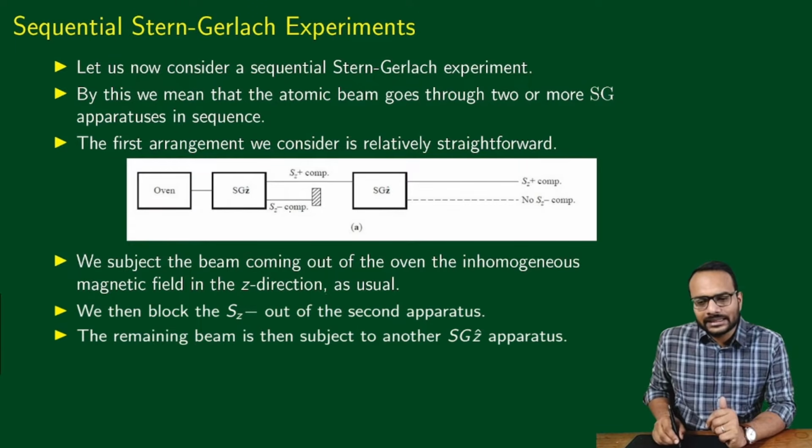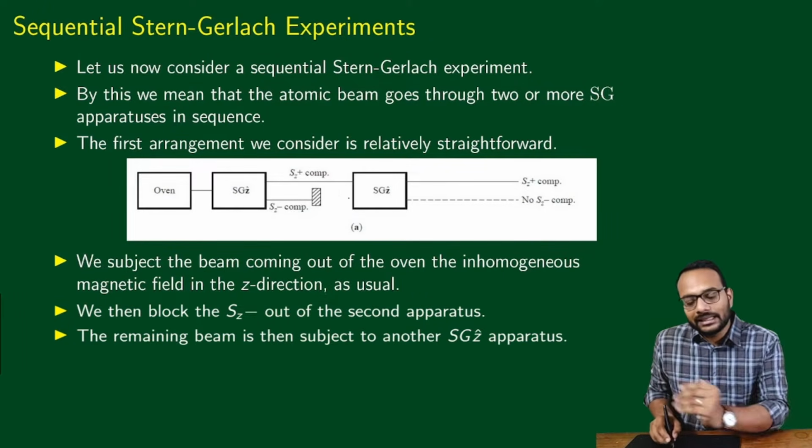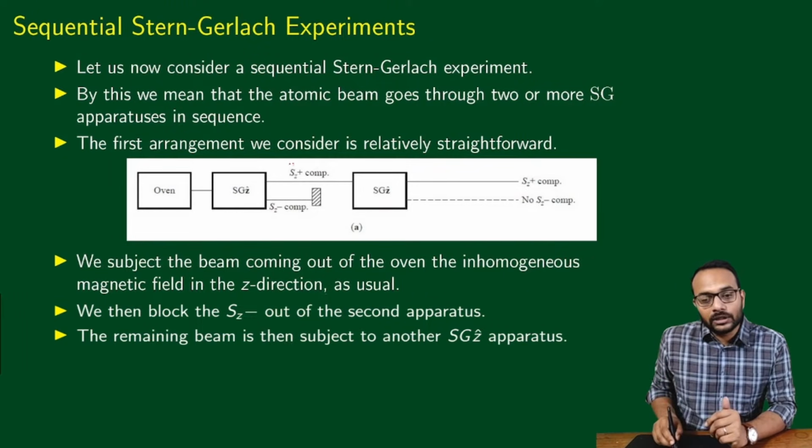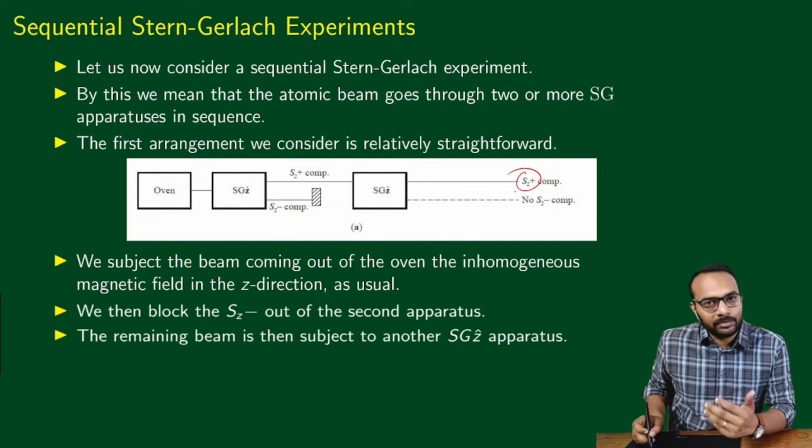You can think of this as blocking all the atoms with an SZ minus component and sending into the second apparatus only those atoms with an SZ plus component. Obviously, if you measure the z component of spin, you will get again SZ plus, plus h cross divided by 2.